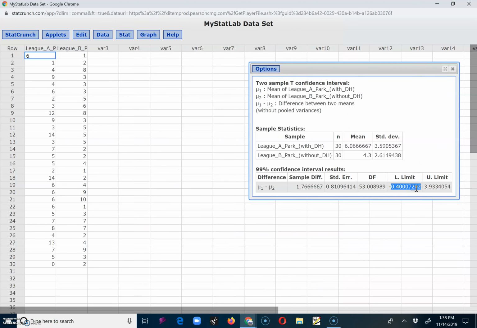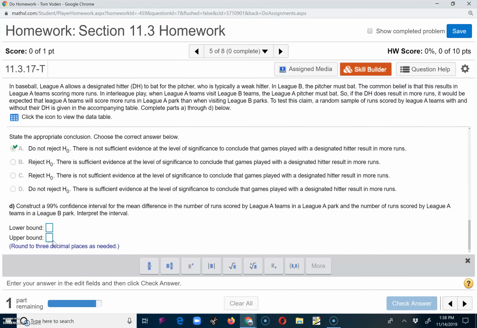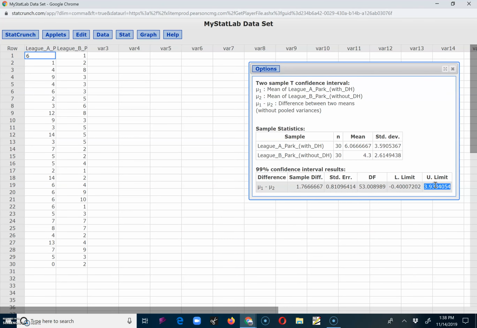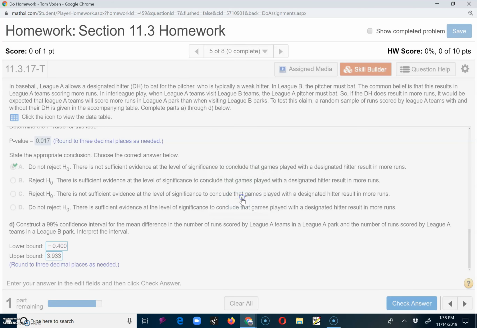So they give me the lower limit, and they want this at, there was a negative sign that my copying did not pick up, and they want to round to 3 decimal places. And the upper bound, here it says upper limit, here it says upper bound, those are really the same. Again, 3 decimal places, 0.933. And that's my confidence interval.